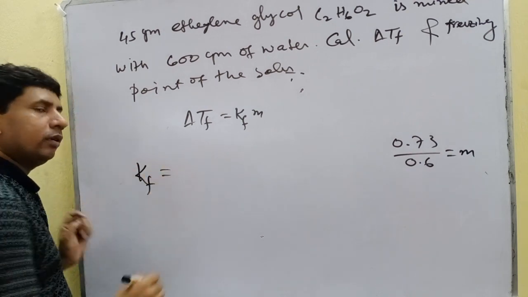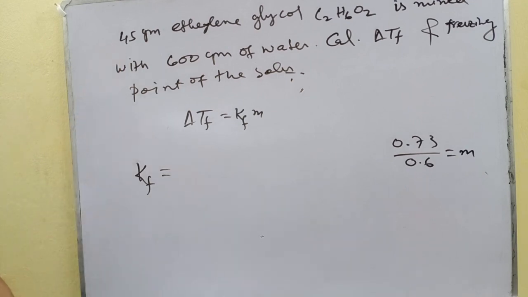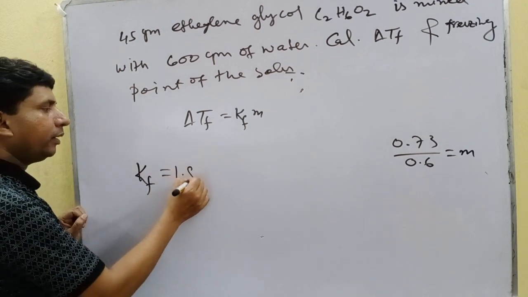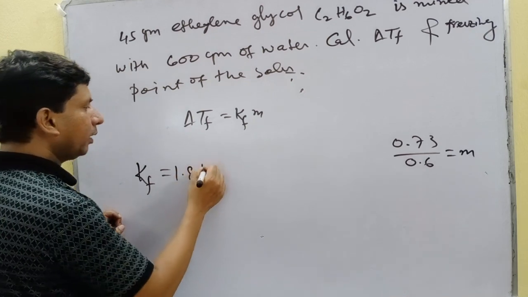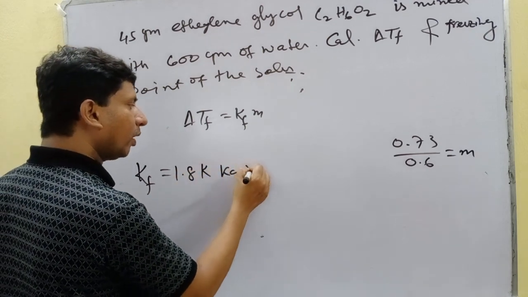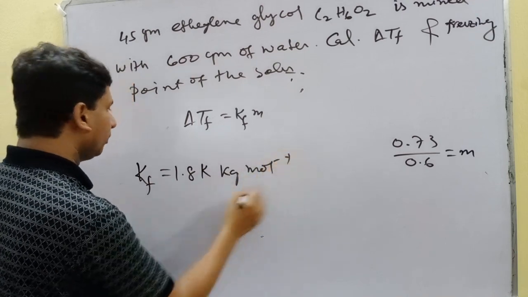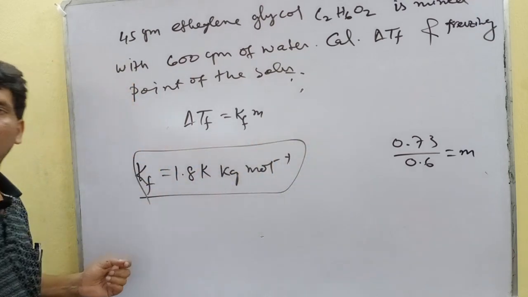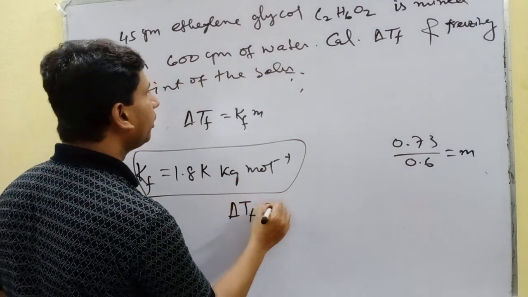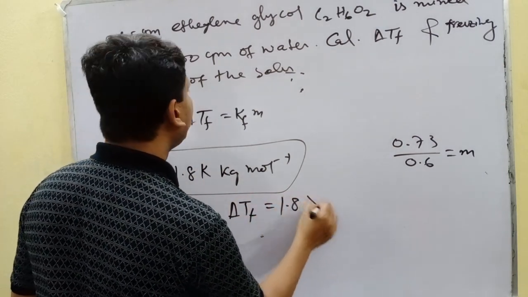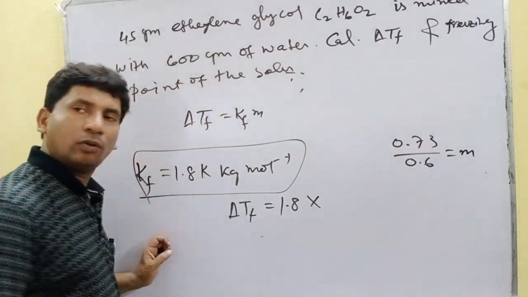Kf is given as 1.8 Kelvin kg per mole. This is a constant value. Okay. Then delta Tf equals 1.8 into what was that? 1.2.